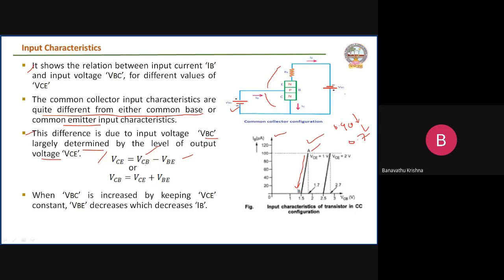So when VBC is increased by keeping VCE constant, VBE decreases, which decreases IB. By increasing VCB, keeping VCE constant, at the same time the emitter base voltage VBE decreases. If the emitter base voltage decreases, then the base current also decreases, right?